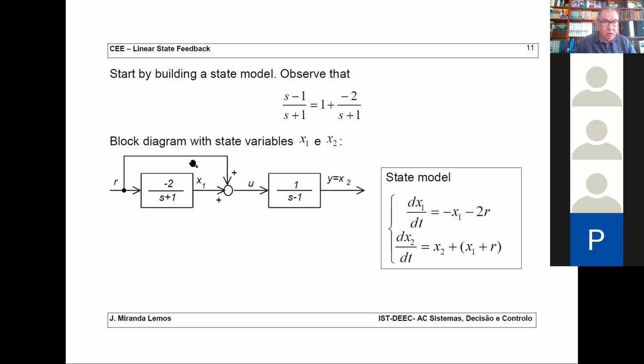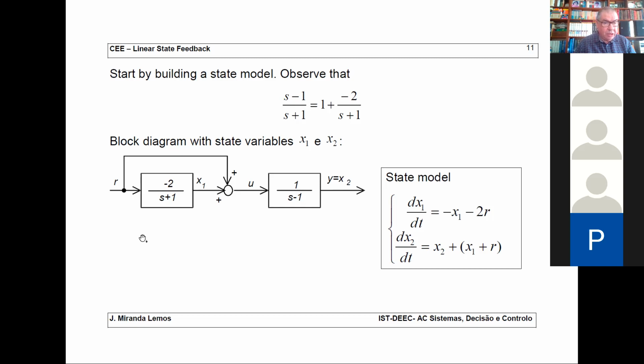Suppose you have s minus 1 over s plus 1. You divide these 2 polynomials and you get 1 plus minus 2 divided by s plus 1. So s minus 1 over s plus 1 has, for instance, this state realization here. Okay. So this block here, minus 2 divided by s plus 1, is the realization of this part. And I call this output state variable x1.